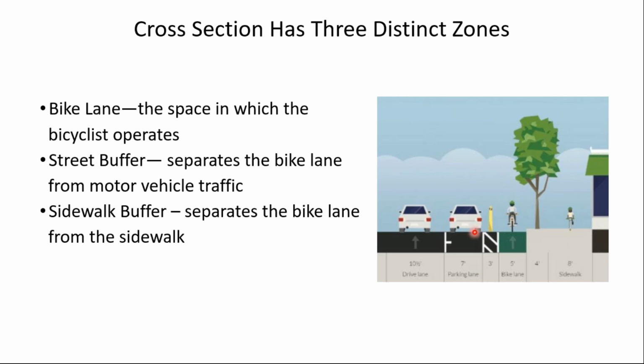Then we have the sidewalk buffer that separates the bike lane from the sidewalk. In this case, it looks like a buffer strip or furniture zone or tree lawn, many names given for that area.